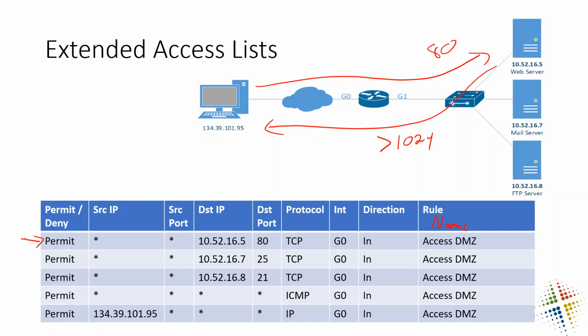However, that can oftentimes be very difficult because pretty much anything between 1024 and 65,535 could be the return traffic, unless I more explicitly lock down which return ports are available from my web server.